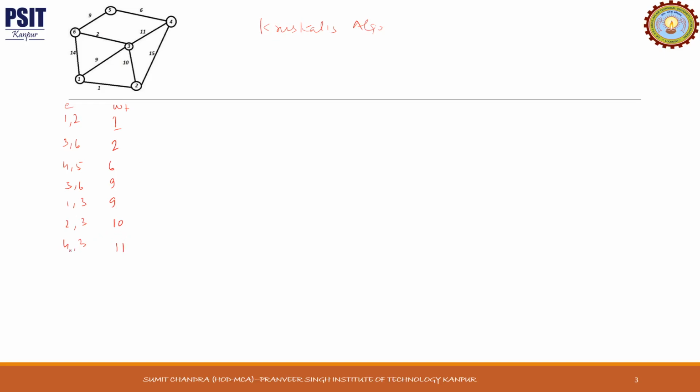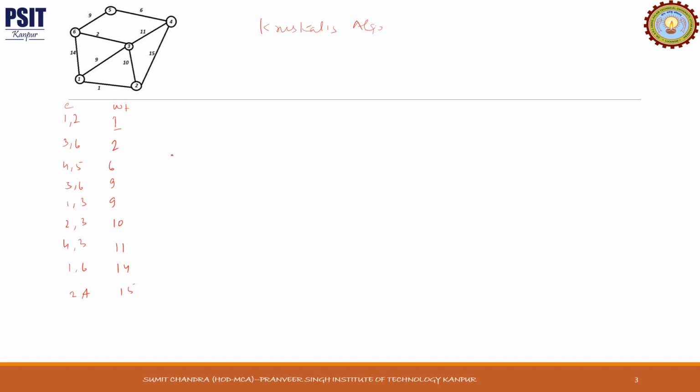Then we have 1 comma 6 with weight of 14, and we have 2 comma 4 with weight of 15. So all the edges are written in ascending order of their weights. Total edges are 9: 1 2 3 4 5 6 7 8 and 9.